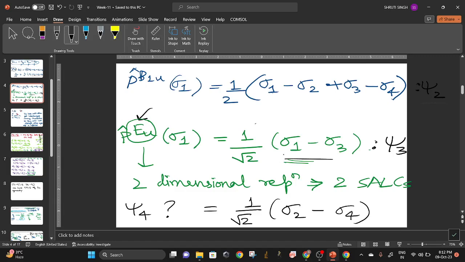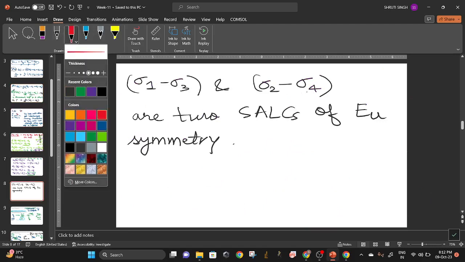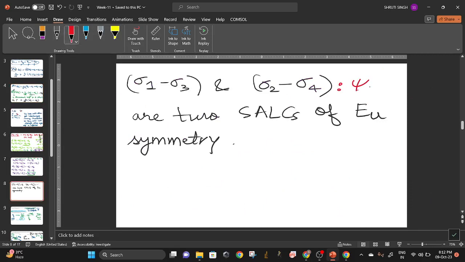For EU, we have got sigma 1 minus sigma 3, which we call psi 3. So now we have got psi 4. This is our psi 4, and you should normalize it like this.